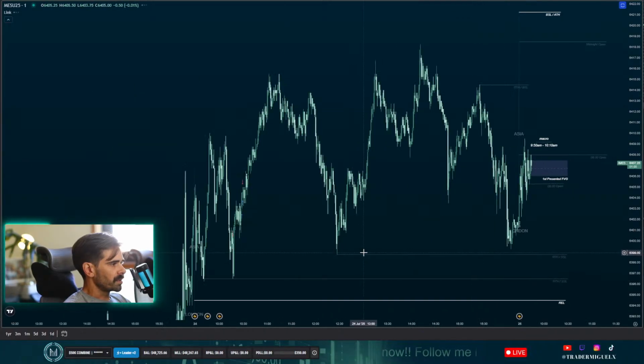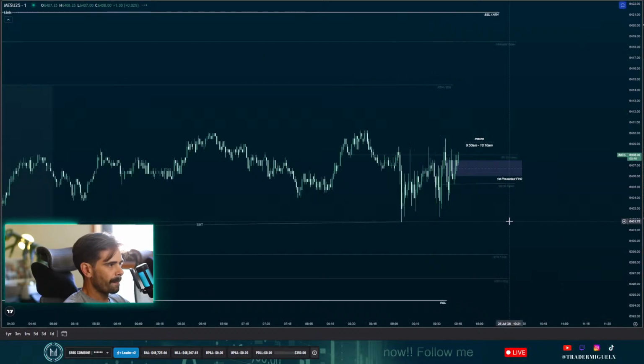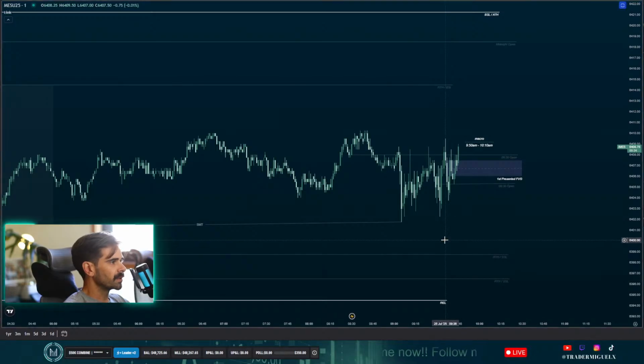These relative equal lows here and the sell side liquidity that we have on ES are kind of suspicious for me, but at this point, I can't frame anything bearish. And NQ, if you look into NQ, it's delivering a clean AMD.